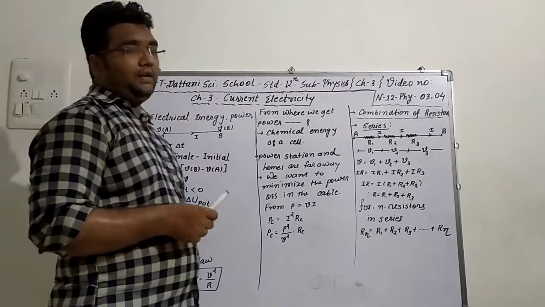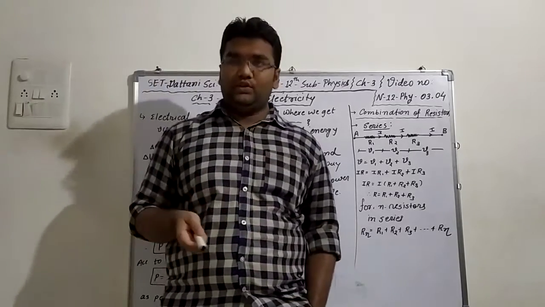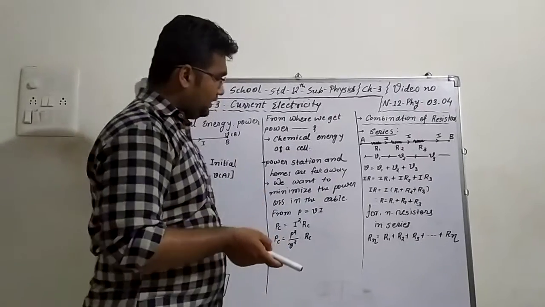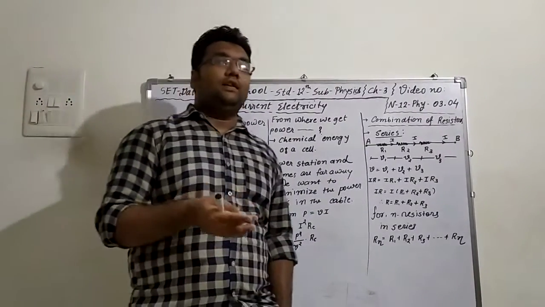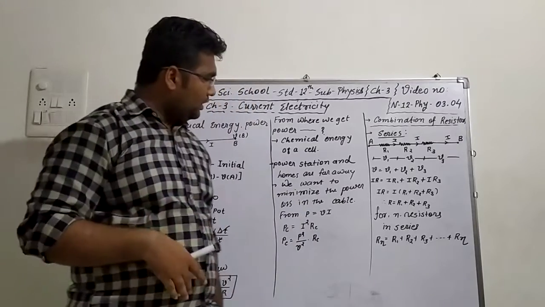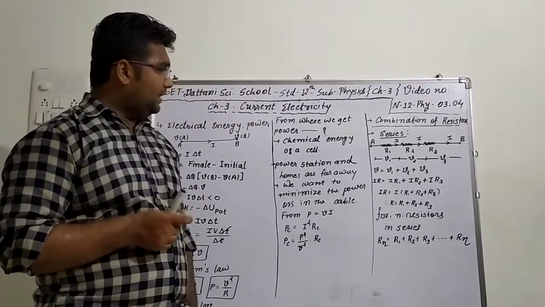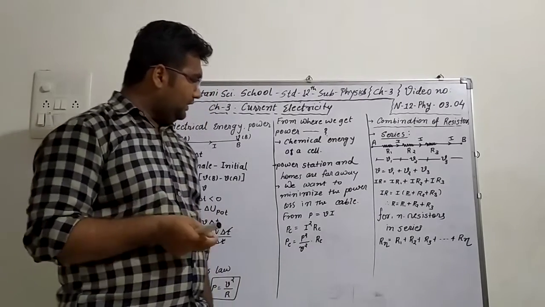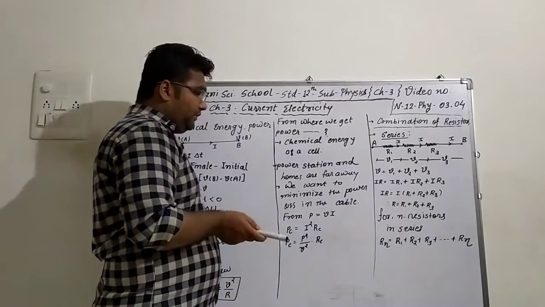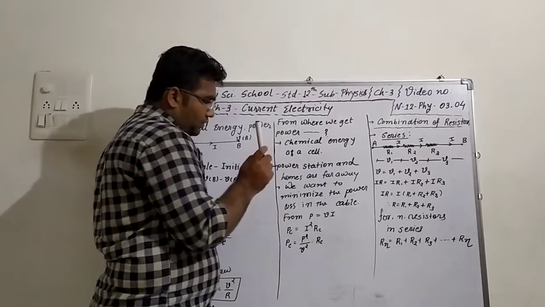We are getting the electricity through the transmission cable, and that cable has power loss because of its internal resistance. So we want to minimize that resistance so that we can minimize the power loss.